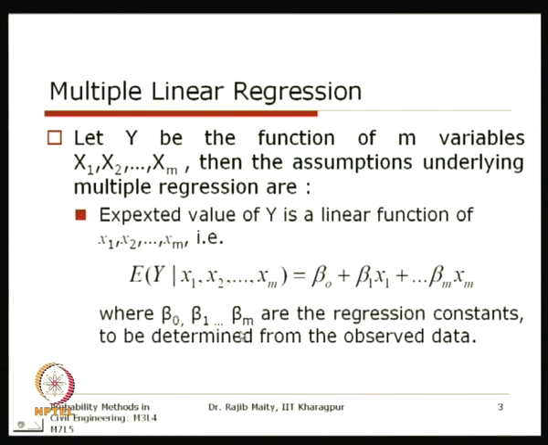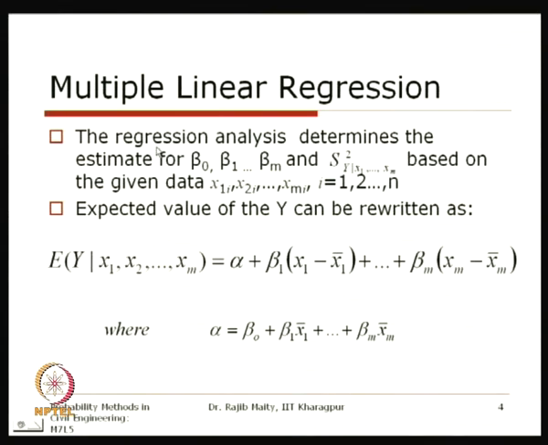Obviously, when we mention a surface, we are referring to the context of two input variables in a 3-dimensional case, and that concept can be extended to higher dimensions. For example, here it will be an m-dimensional space that you can imagine. So, these constants are to be determined, and that is the basic underlying thing in multiple linear regression as compared to simple linear regression, where the number of inputs was only 1.